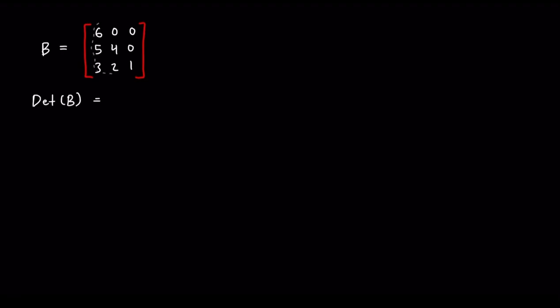So I'm just going to copy this, and now I'm going to write the first two columns, which is 6, 5, 3, and then 0, 4, 2. Now that I have written it down, I'm just going to multiply them.